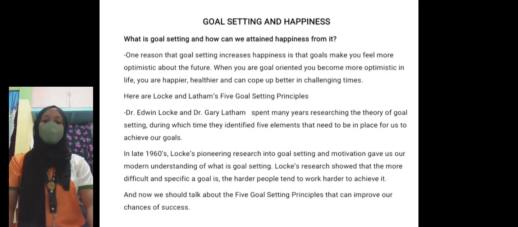Goal setting and happiness. What is goal setting and how can we attain happiness from it? One reason that goal setting increases happiness is that goals make you feel more optimistic about the future. When you are goal oriented, you become more optimistic in life. You are happier, healthier, and can cope better in challenging times.